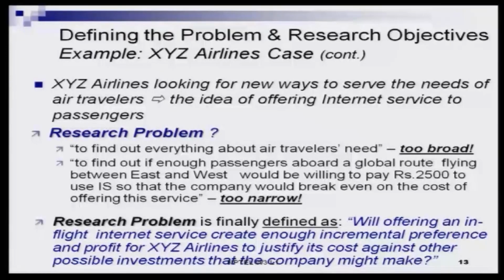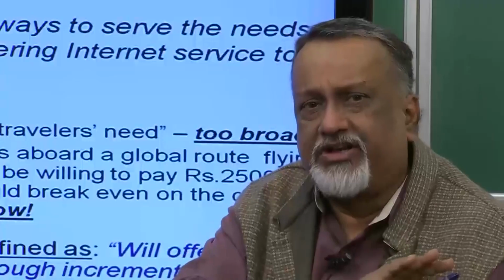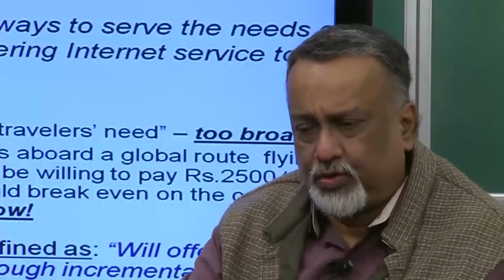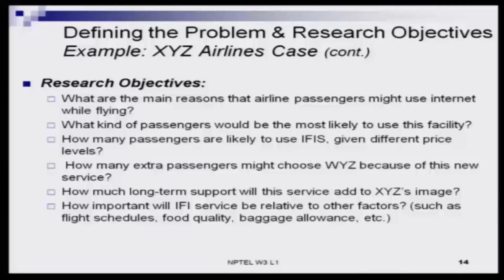So, the research problem can finally be defined as: will offering an in-flight internet service create enough incremental preference and profit for XYZ airline to justify its cost against other possible investments that the company might make? Okay. So, this is the first step, to define your research objective, to know what you want to know.